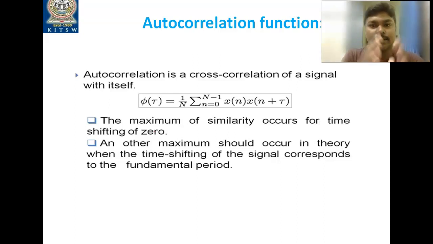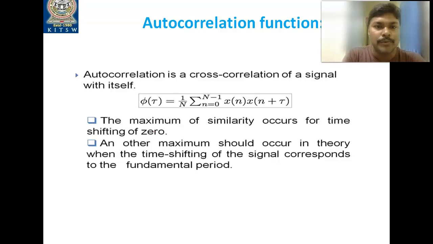So we are taking the samples, x of n as one sequence and y of n as another sequence, and checking the degree of similarity of the two sequences. So that is nothing but the autocorrelation function.